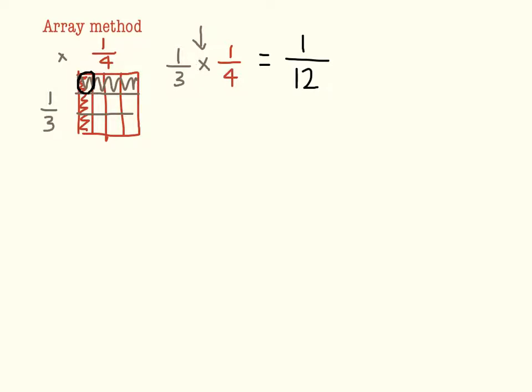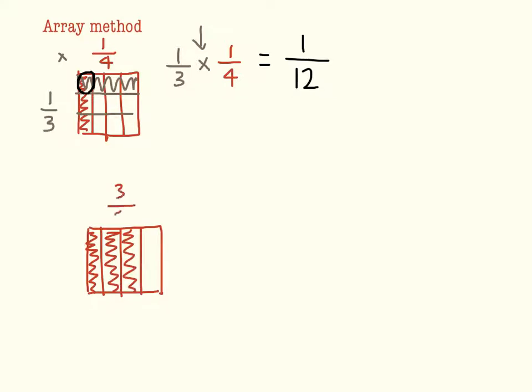If we have a second example, let's say I started with 3/4. So I split it into quarters that way. I have 1, 2, 3 of those fourths shaded in. And someone comes along and they would like a fifth of that.